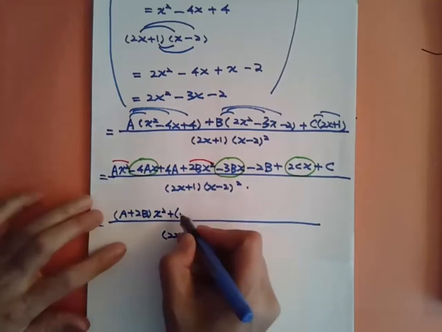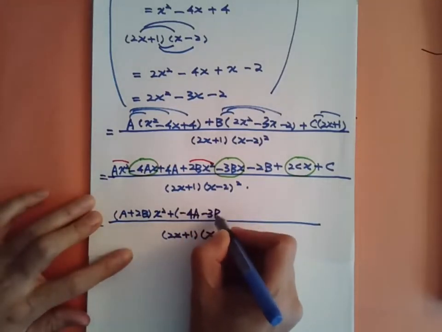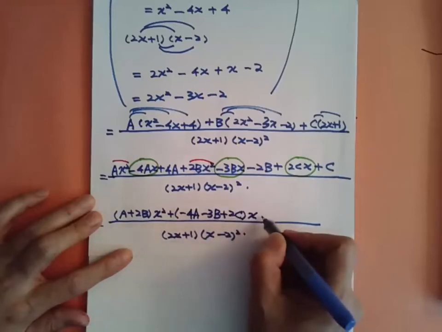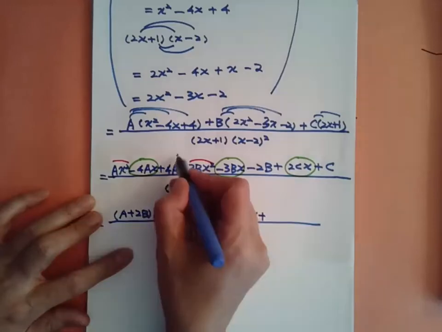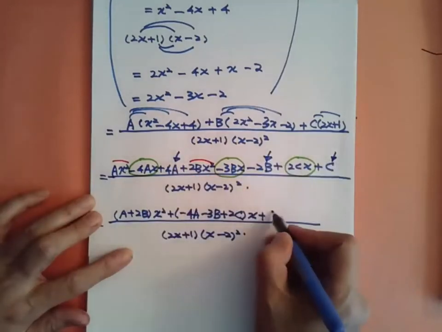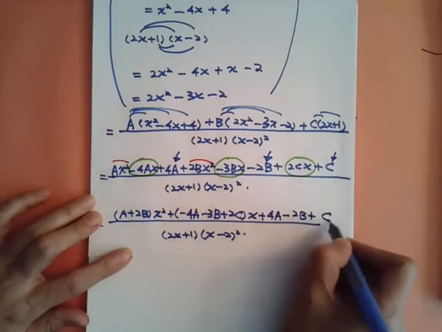Then that will become minus 4a minus 3b plus 2c x plus the remaining one, 4a minus 2b plus c.